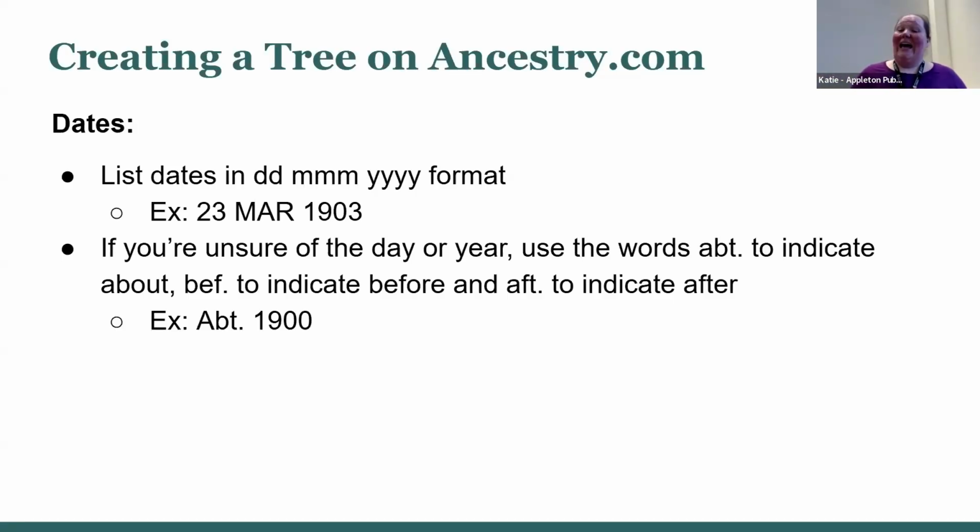You can use BEF to indicate before, or AFT to indicate after. So maybe you think that person was born about 1900, or that they died after a certain time, or were born after a certain time. You can indicate that in your tree to at least give a little bit of a parameter for your tree. And then of course, you'd want to find some record that would give you hopefully a more accurate date.